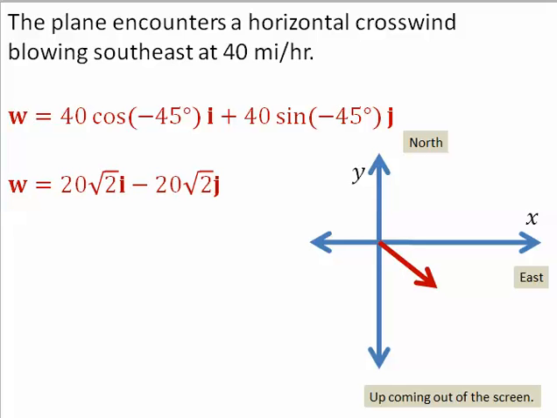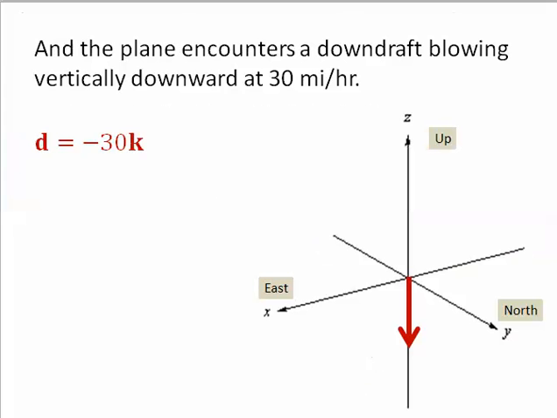So W is equal to 20 radical 2 i minus 20 radical 2 j. The plane encounters a downdraft blowing vertically downward at 30 miles per hour. So D, the downdraft, is negative 30 k.